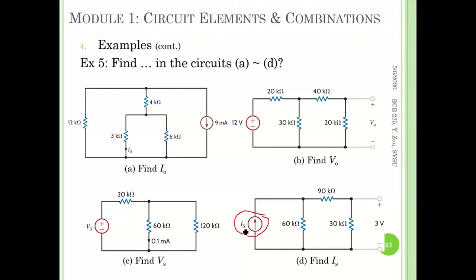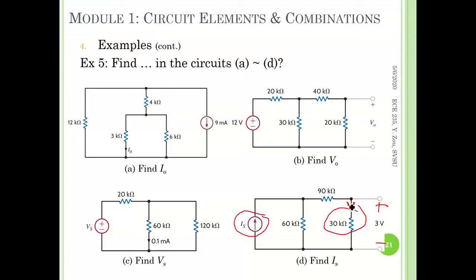Similar to circuit C, we don't know the total current IS. However, we can find one branch current, which is here. So this current, following this given voltage with its polarity, is going downwards: 3 volts divided by 30 kilo ohm.